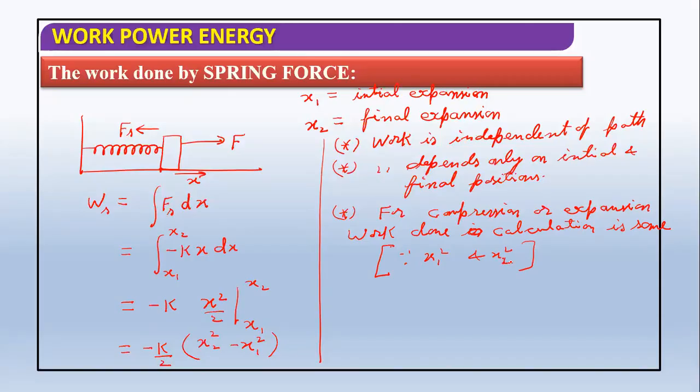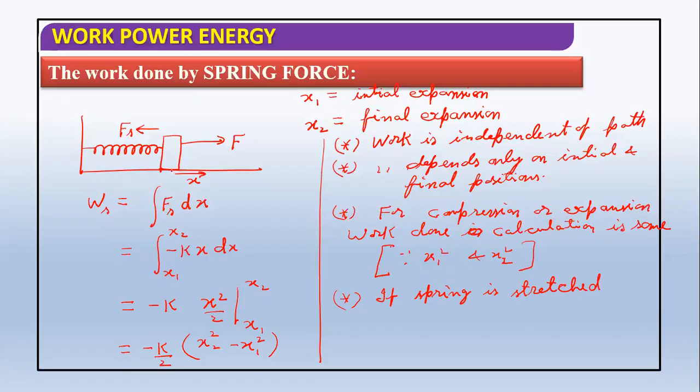Whether the work is positive or negative, if you compress it, the same amount of work will be there as if you expand it. Now we will see in which direction it is negative and which is positive. If a spring is stretched, the x1 will be less and x2 will be more.